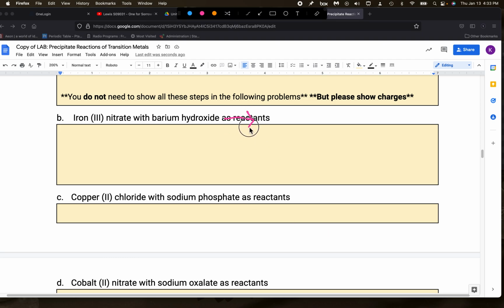And then on the product side, the iron 3 will be with hydroxide. And the barium will be with nitrate.